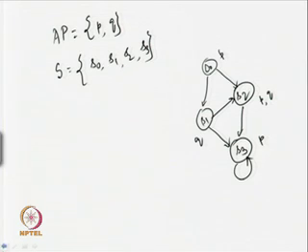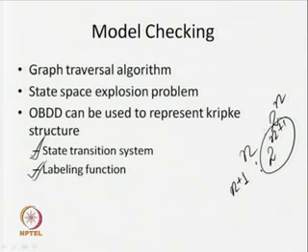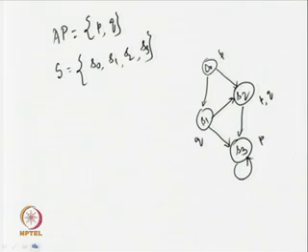So, when we talk about a Kripke structure, we need the state transition system along with the labeling function. Now, when we are using OBDDs to represent the state transition system, along with that we must have the information of this labeling function, then only can ROBDDs be used for the model checking algorithm. So, now you just see which are the states where the atomic proposition P is true.